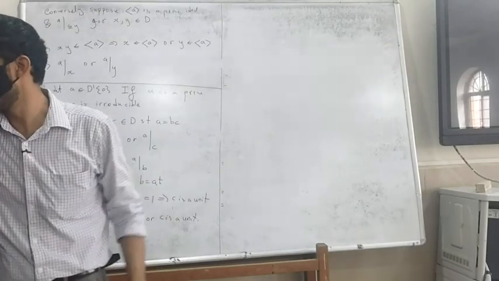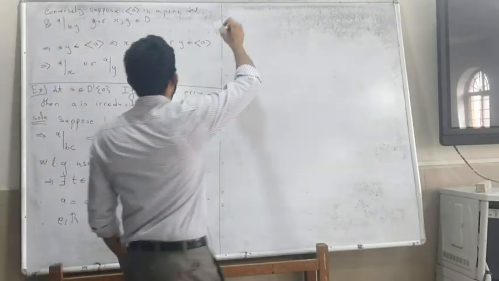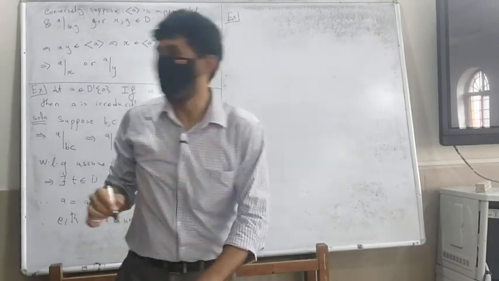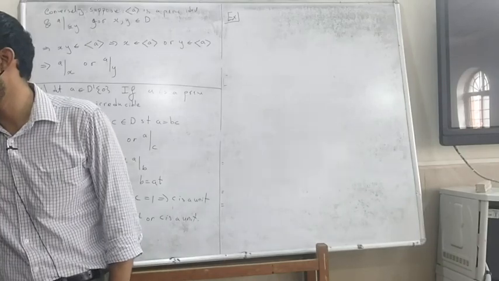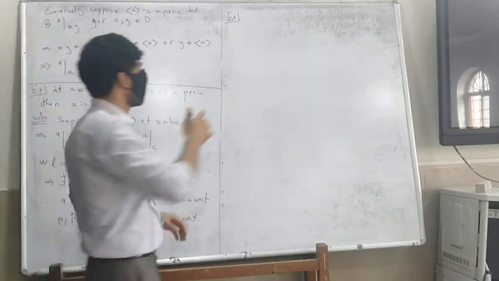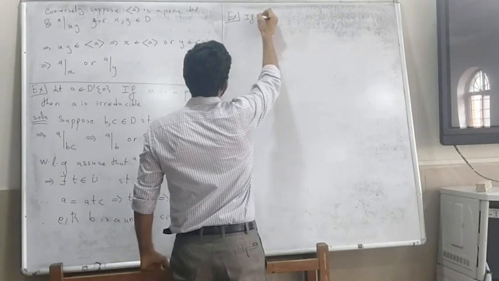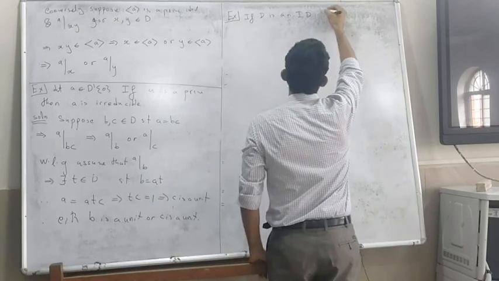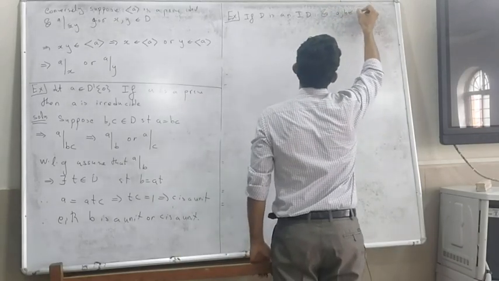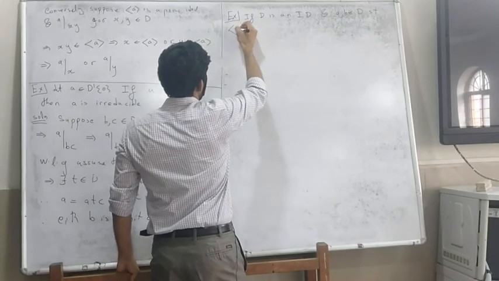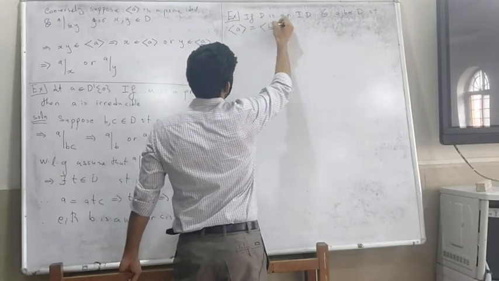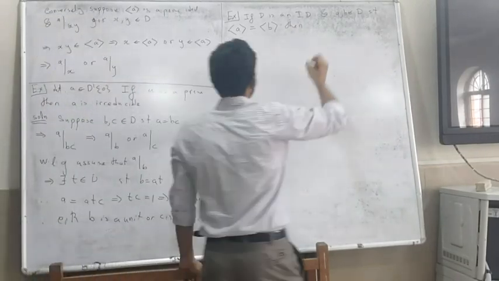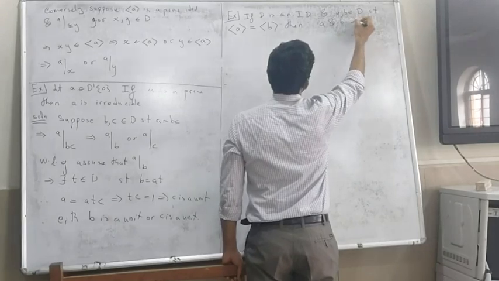Yeah, so this is another one. We can do a lot of exercises here. This is the one which will help you in your linear algebra. If D is an integral domain, and A, B belong to D, such that the two ideals are the same, then A and B are associates.